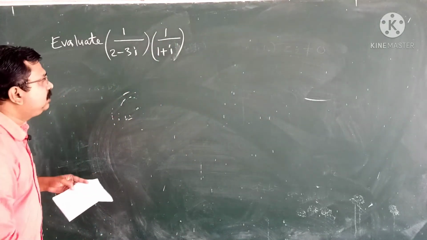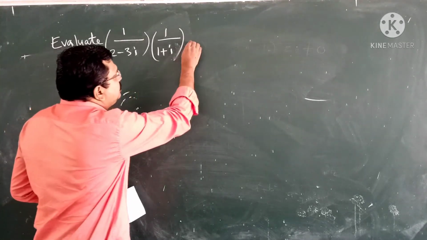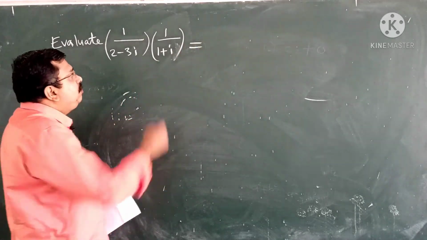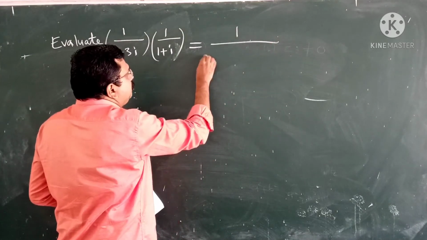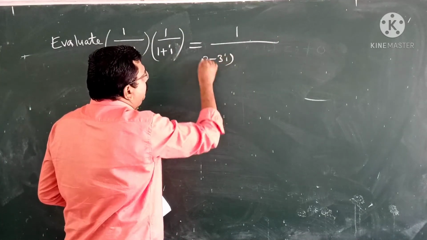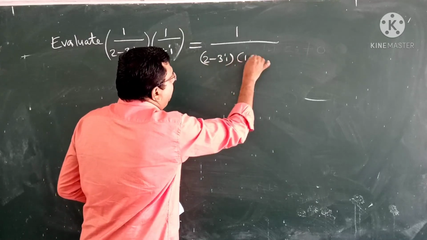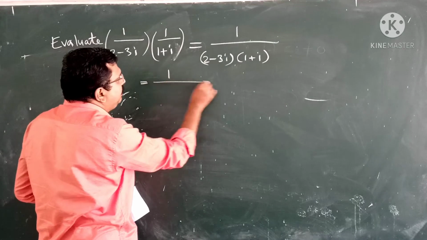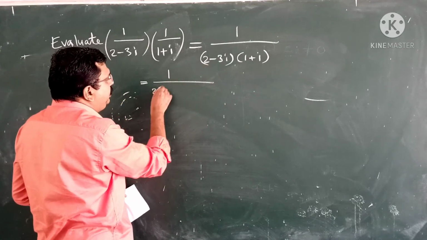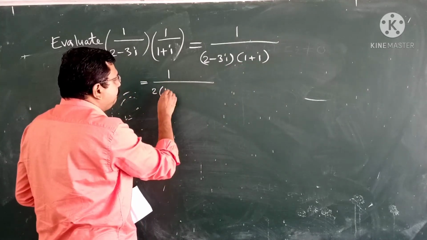How to do it? This is equal to 1 into 1 is 1, divided by (2 minus 3i) into (1 plus i).